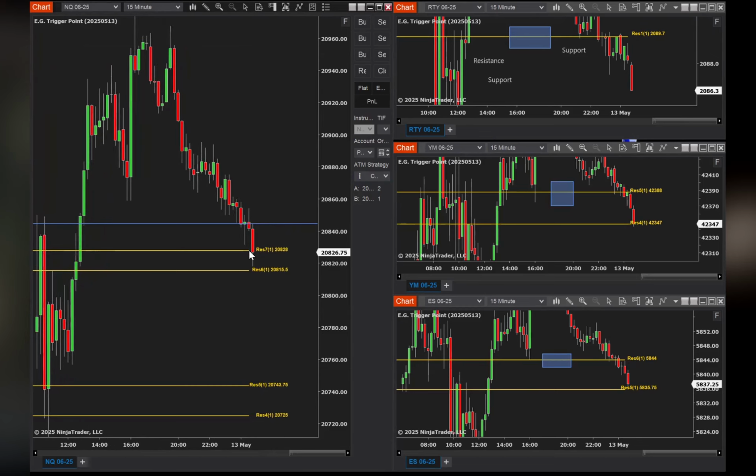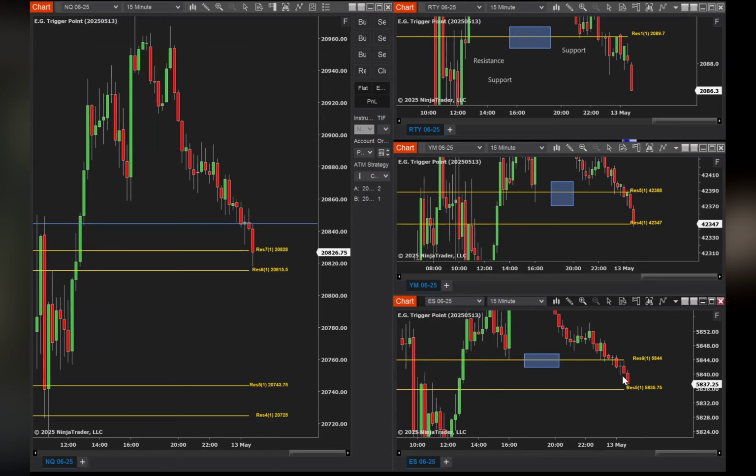This line could be a possible profit target, but when NQ was here, YM and ES were in the middle, and I expected that they would hit their support, so this was a good profit target.